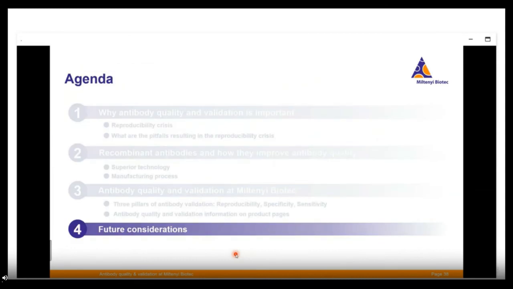Now, in the very final few minutes, I would like to discuss some final considerations for this whole topic of the reproducibility crisis, and what still needs to be done from us and also from you as a scientist.